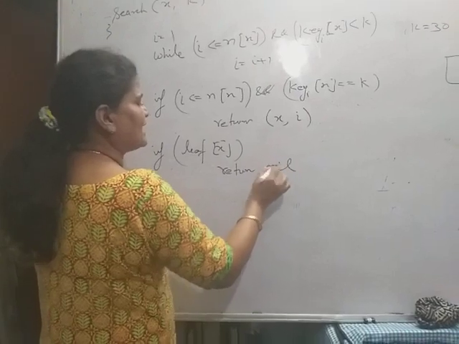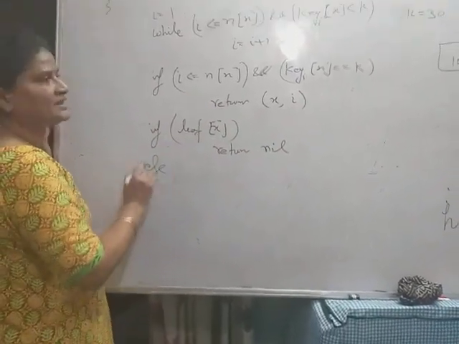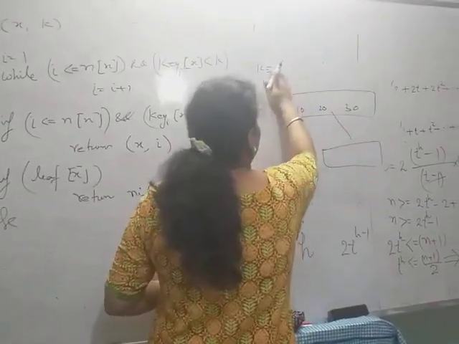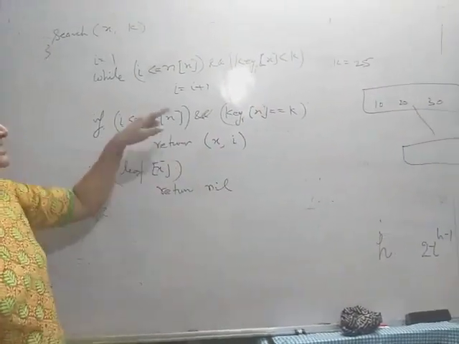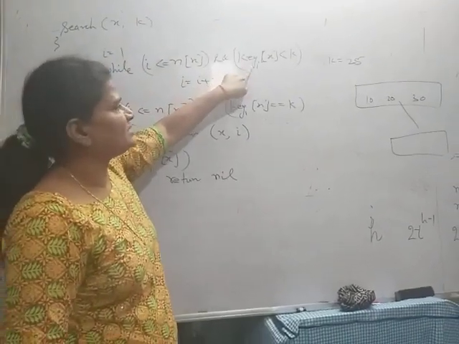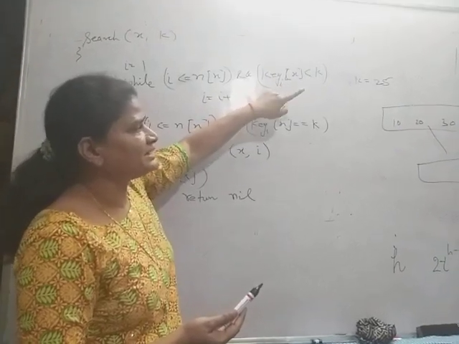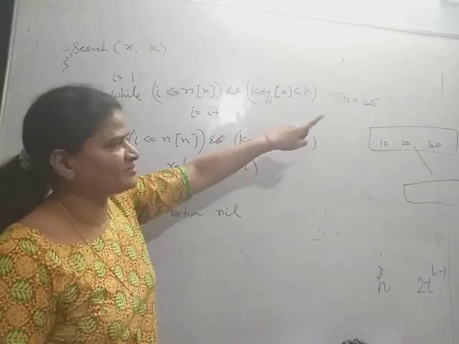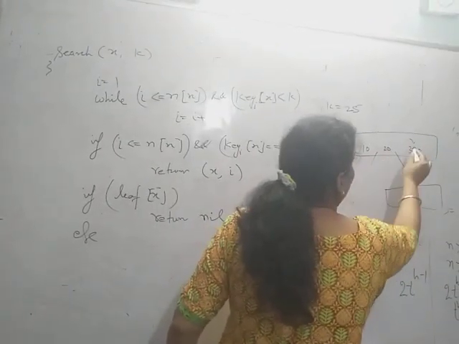And if x is not a leaf, suppose you want to search for 25. Then 25 will be present in the subtree rooted at the corresponding child. Here i starts at 1: 10 is less than 25, i plus plus, 20 is less than 25, i plus plus, 30 is not less than 25, so it stops and i is 3.